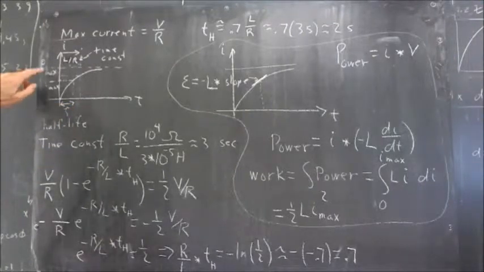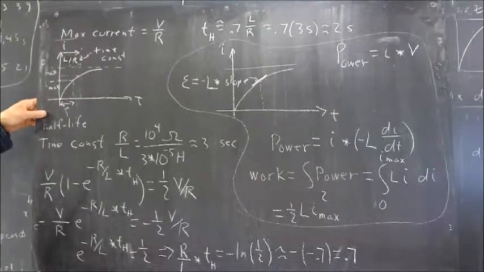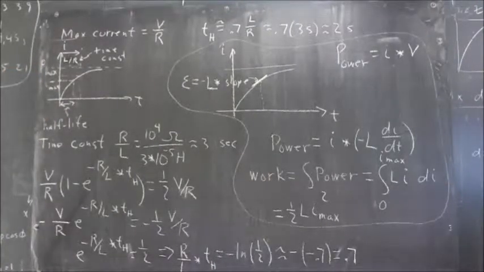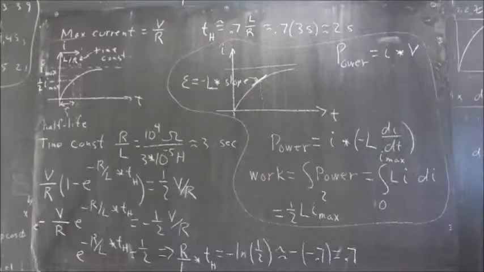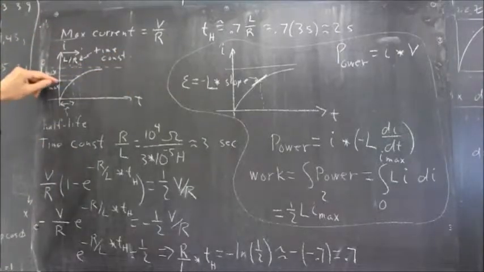Now, I don't know what happened to my labeling here, but something did, and I'm going to have to fix that. Okay, we have Imax here, your maximum current, and that turns out to be just V over R, and 1/2 Imax here.